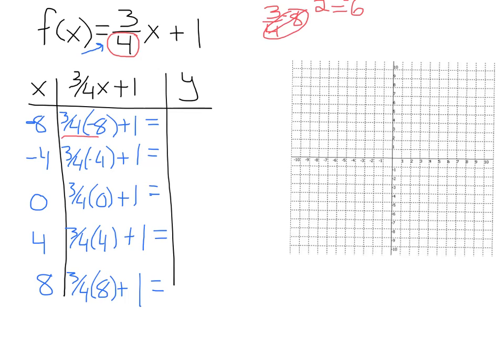So -6 plus 1 is -5. 3/4 times a -4, my 4's cancel, but it's still negative, so -3 plus 1 is -2. 3/4 times 0 is 0 plus 1 is 1. 3/4 times 4, my 4's cancel, 3 plus 1 is 4. 3/4 times 8, these would cross simplify, so I get 3 times 2 is 6 plus 1 is 7.